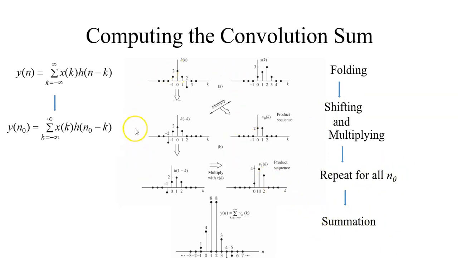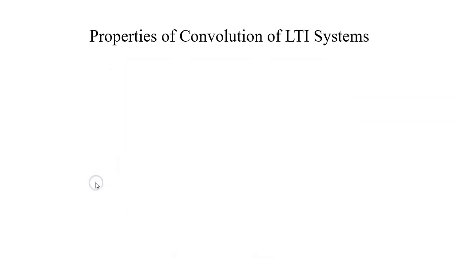So this is an example of shifting, multiplying, and summation in order to have the output. We will not discuss the convolution in detail, because I think you know about this technique or operation in continuous time signals.